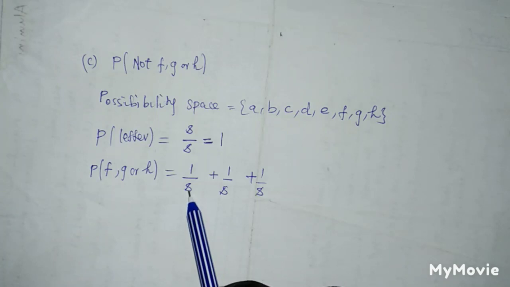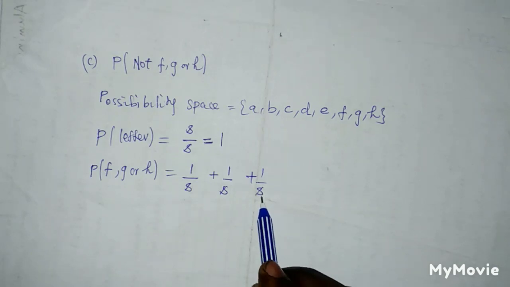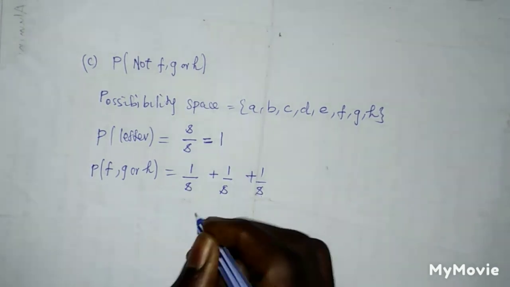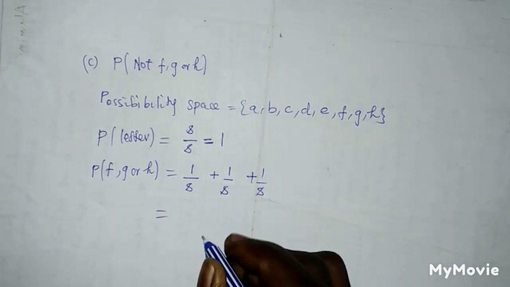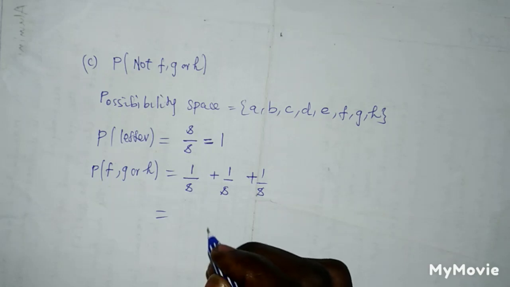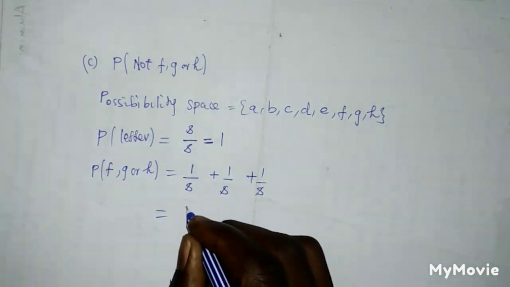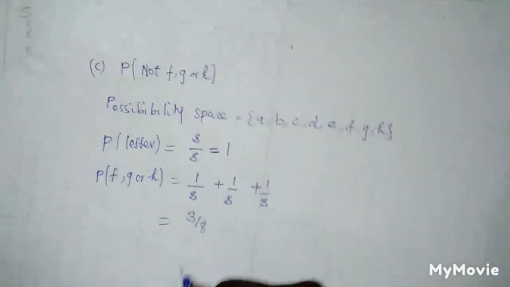So this is the probability of picking F, the probability of picking G, and the probability of picking H. Okay, so this is 3 over 8.